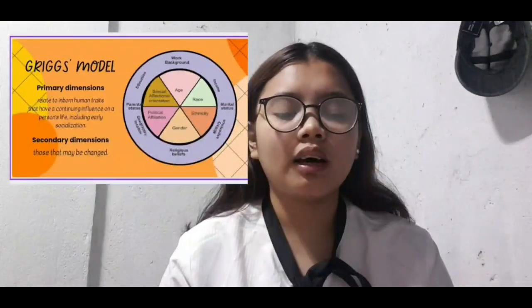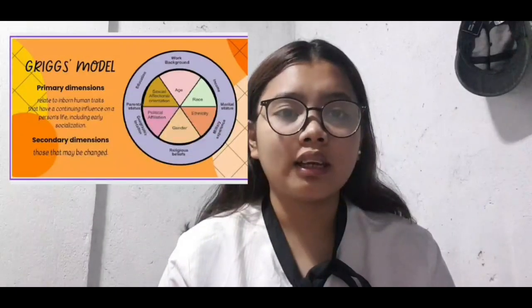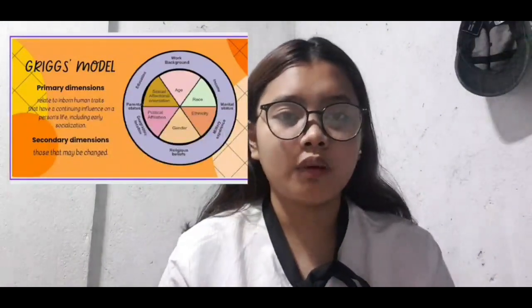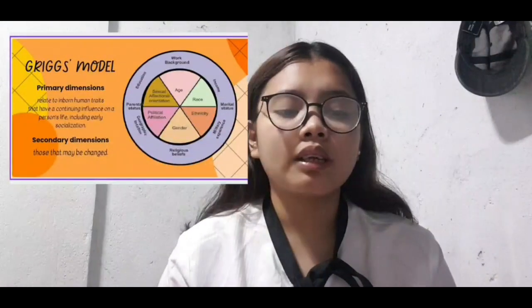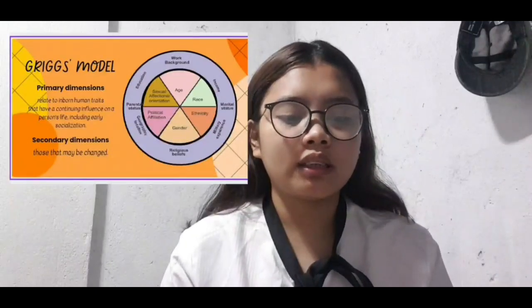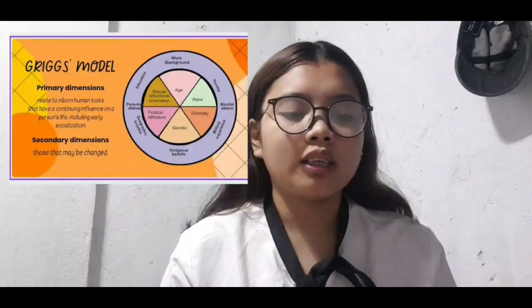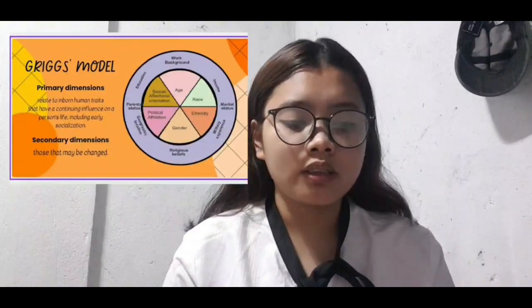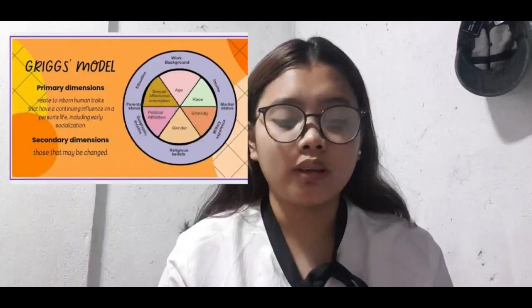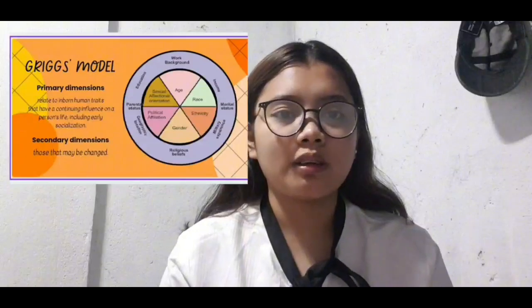This includes work background or career history or industry experience, and religious beliefs or the faith and spiritual practice that influence values, behaviors, and ethical decisions. While education, income, parental status, marital status, geographic location, and military experience are secondary dimensions that are not usually or not always included in Griggs model, they are relevant to diversity discussions.